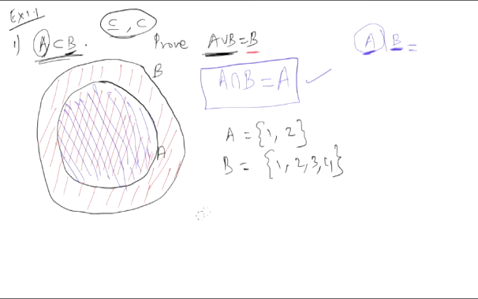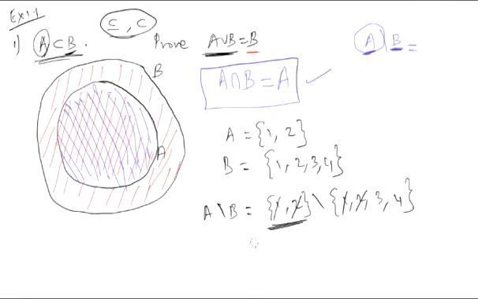Now find A set difference B. A set difference B is 1, 2 set difference 1, 2, 3, 4. So what did we do? Both elements of A are present in B, so you strike them off. 1 is there in B, strike it off. 2 is there, yes, strike it off. And then whatever is remaining here we take it. But what is remaining here? Nothing, right? So it is a null set.